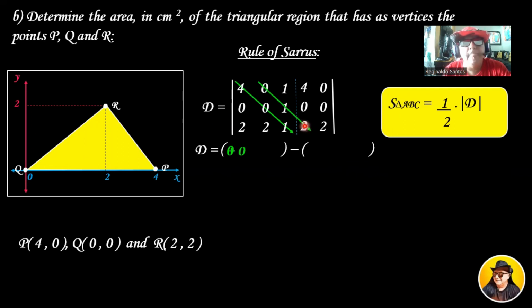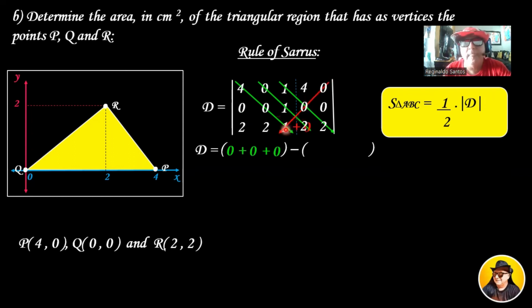And the last one, 1 times 0 times 2 is 0. So the first one is all 0: 0 plus 0 plus 0.